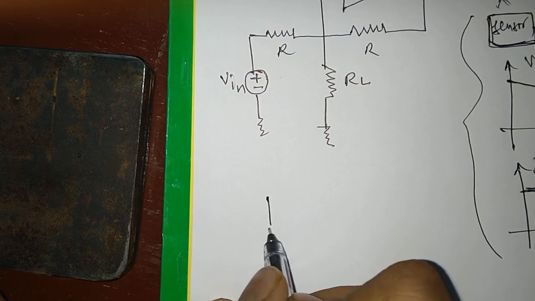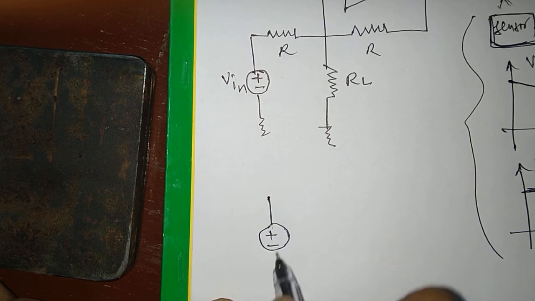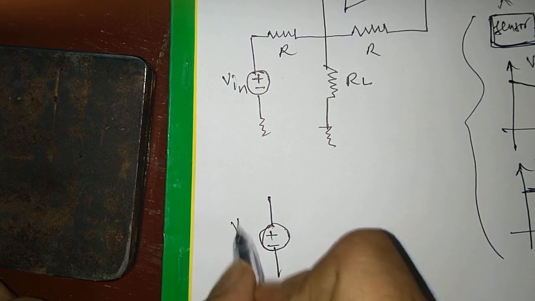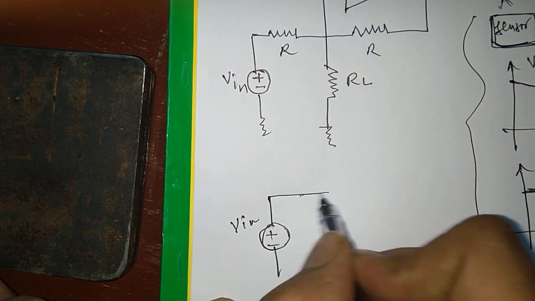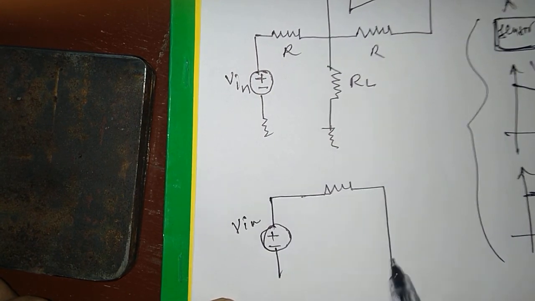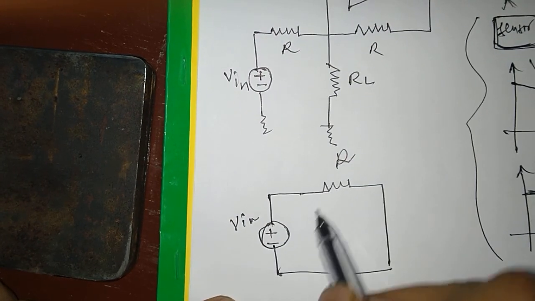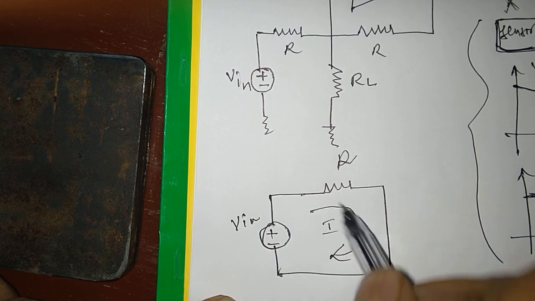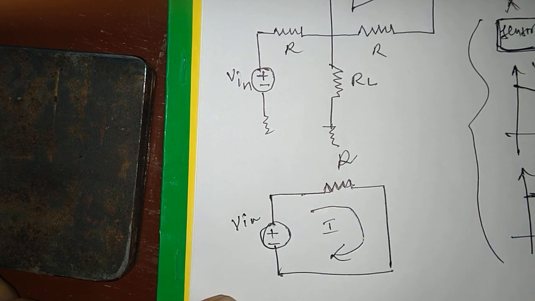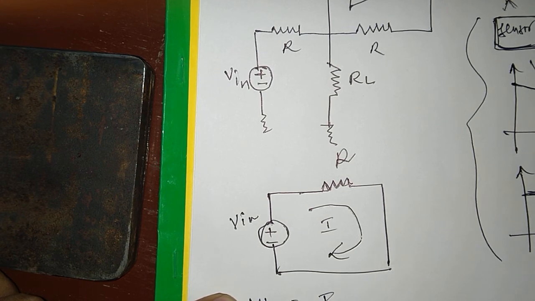Say, for example, I have a voltage source, V input, and I have connected a resistor R in series with this. Now you can observe, ideally, the current I should flow through R with the expression I equals V input by R.